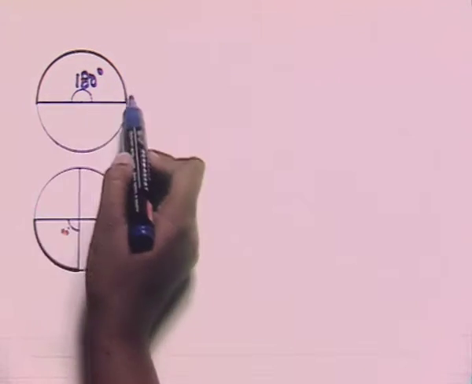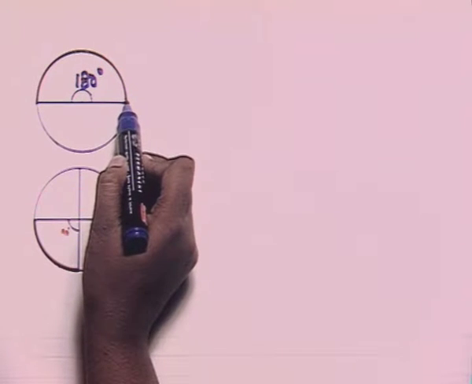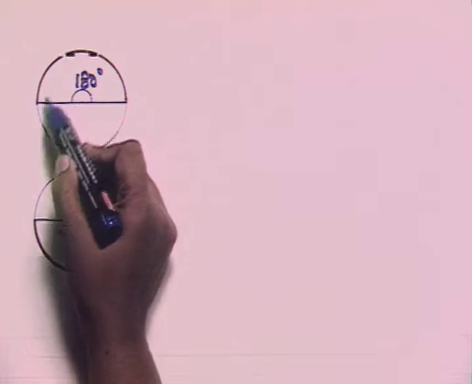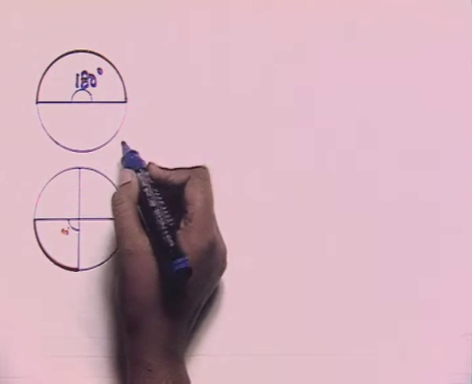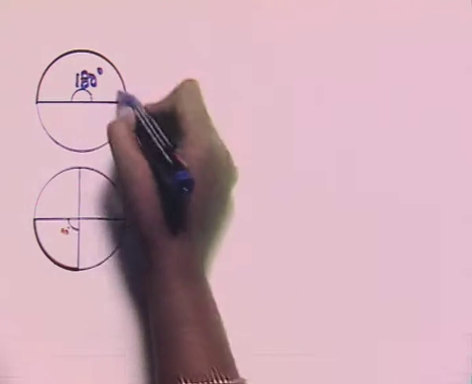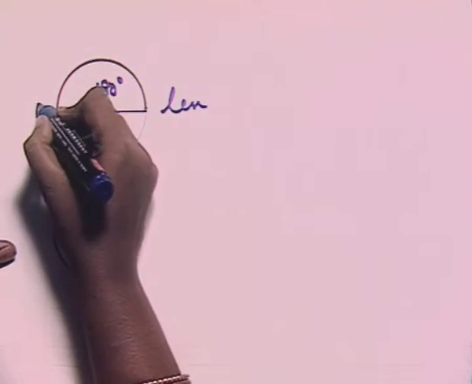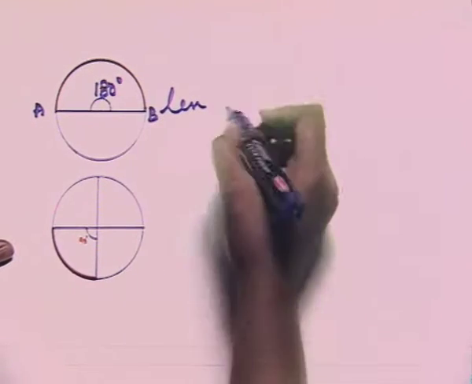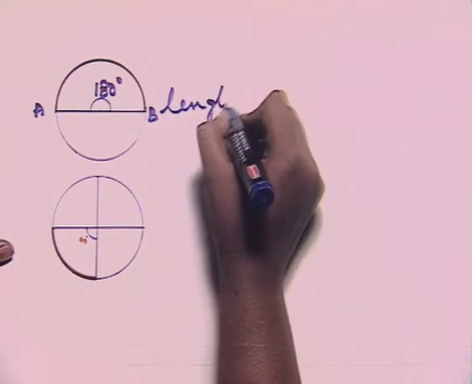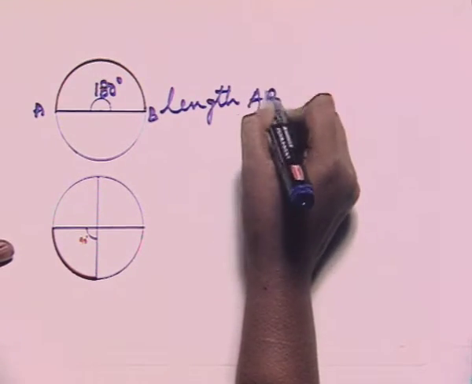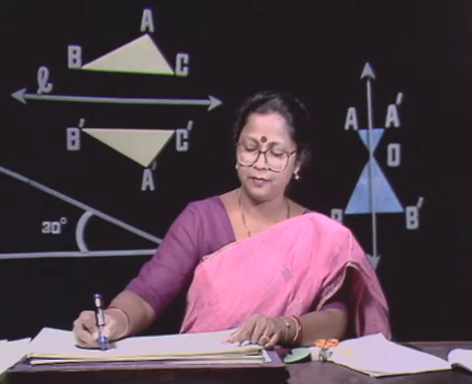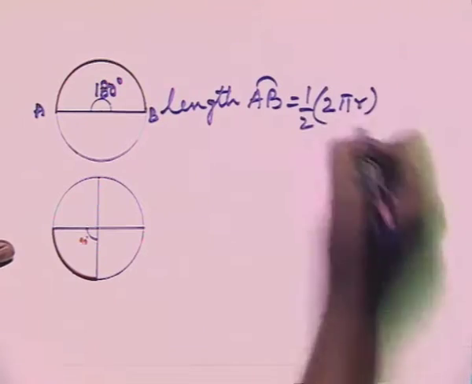Since this is a semicircle, its length will be half the circumference of the circle. So, if I mark this arc as AB, the length of the arc AB is equal to half 2 pi r.